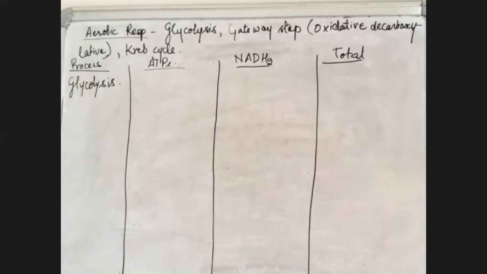In glycolysis, 4 ATPs were formed and 2 ATPs were utilized. In the early stages of reactions, 2 ATPs were utilized, and in the later stages, 4 ATPs were formed. So net gain was 2 ATP.